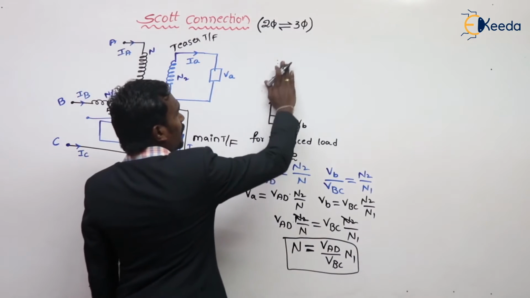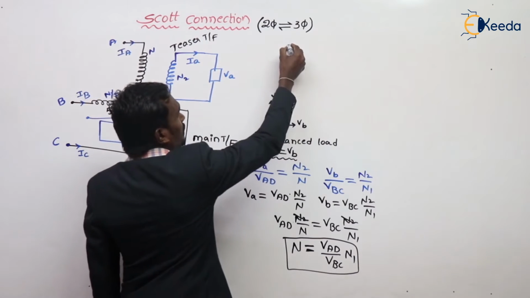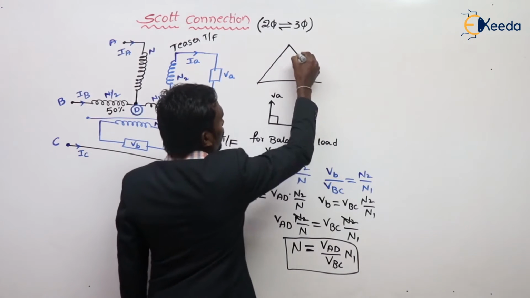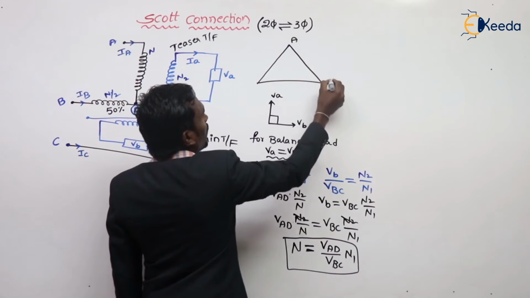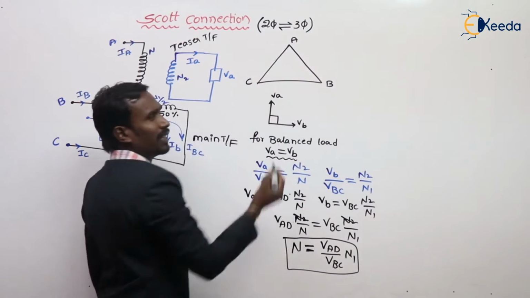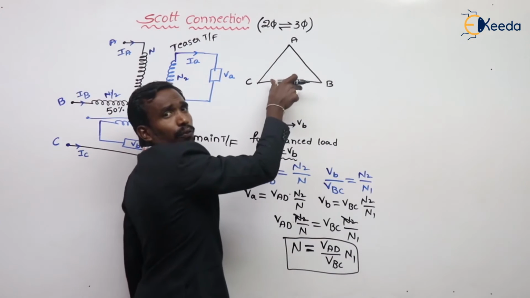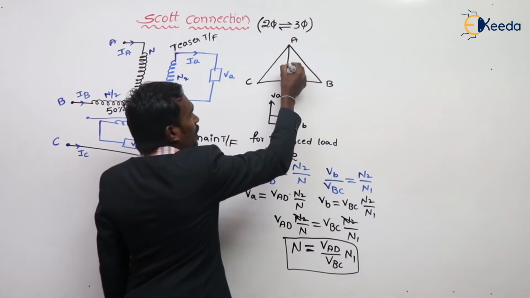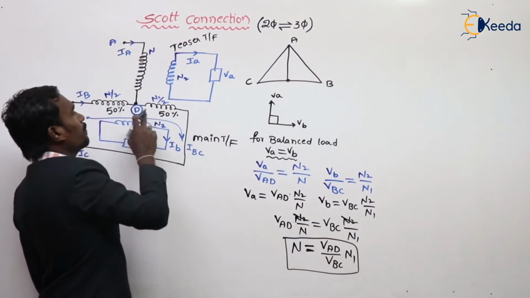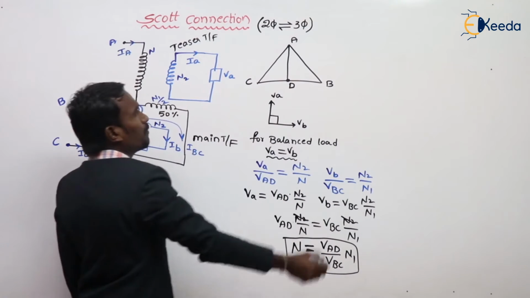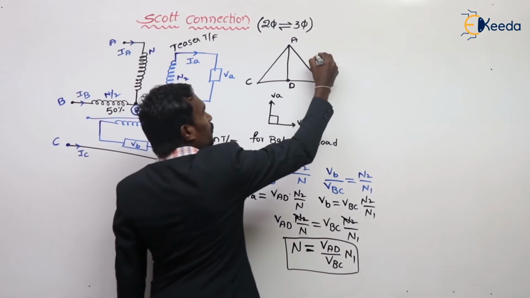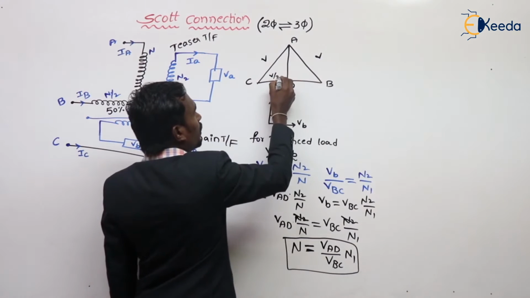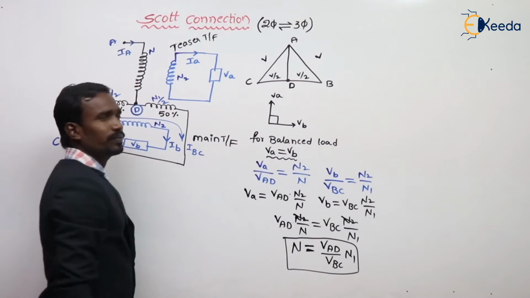Now, let's see, we have three phases in delta. For example, take this as the delta A, B, C, with VAB, VBC, VCA. And on BC we have a point D. This is the total voltage V, so this is V by 2 and this is V by 2.